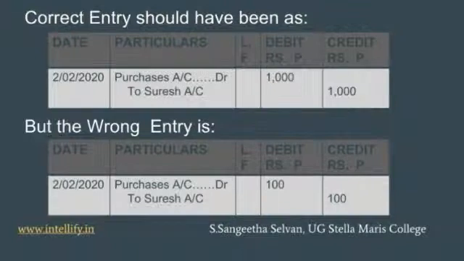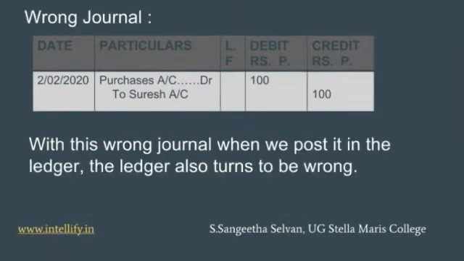So here, when we have bought goods on credit, the correct entry should have been purchases account debtor to Suresh account. But imagine we have made a mistake in the amount wherein the entry is correct. Instead of 1000 rupees, we have written it as 100 rupees. So with this wrong journal, when we now post it into the ledger, it will also be wrong with the wrong amounts.